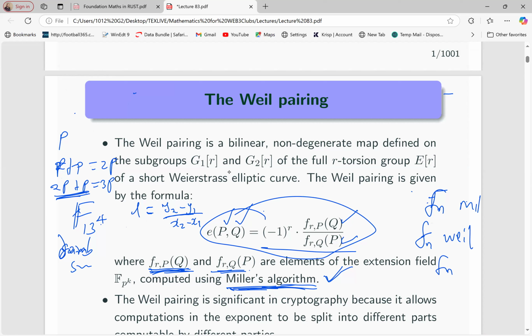So you must have a function for doing the inverses, so that this lambda can now be written as y2 minus y1 multiplied by the inverse of the denominator, x2 minus x1.